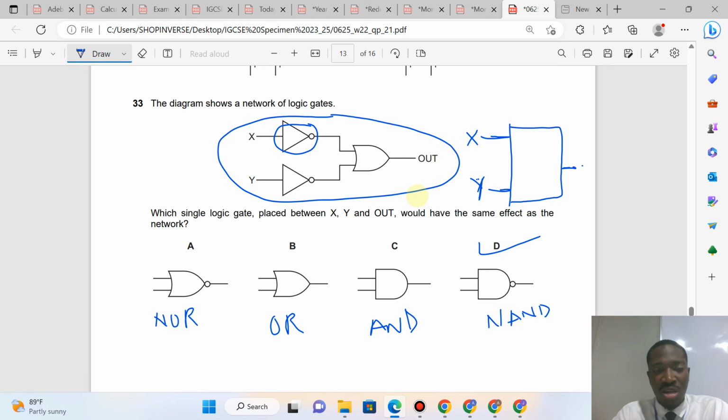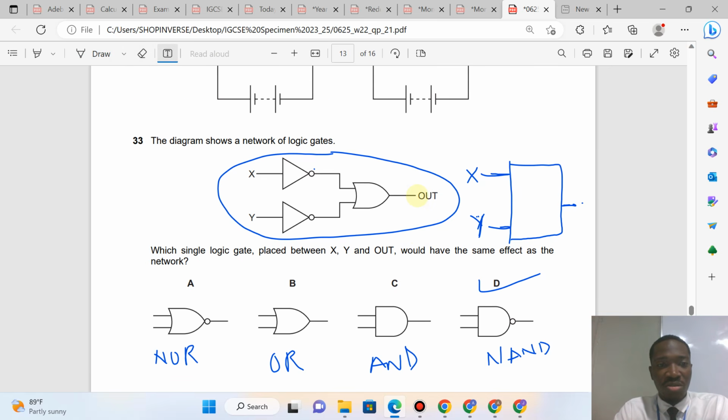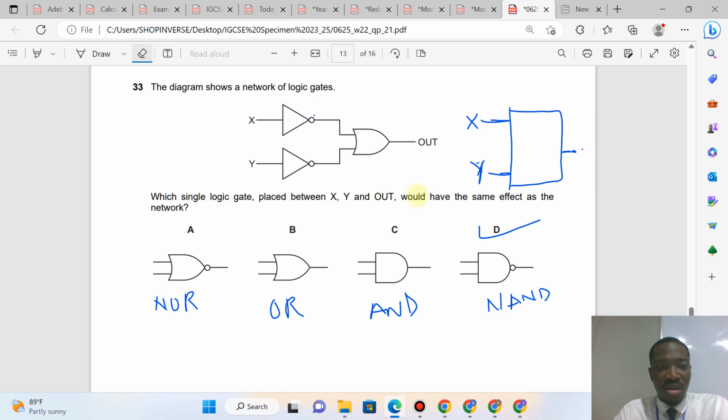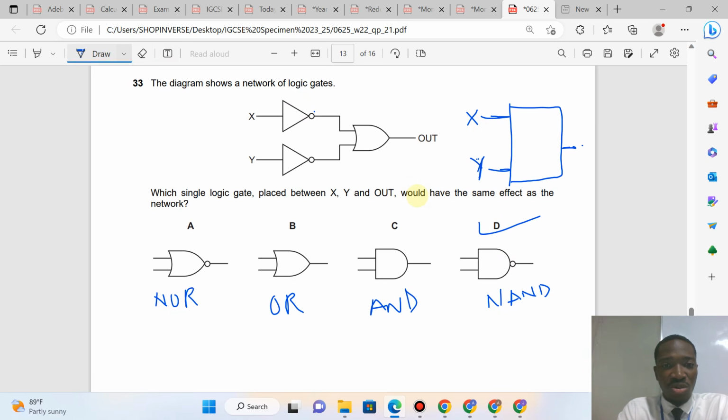That means it is not X. So if you look at it, let me erase this so I can write. This first one shows that it is not X and it is not Y. Here we have AND.